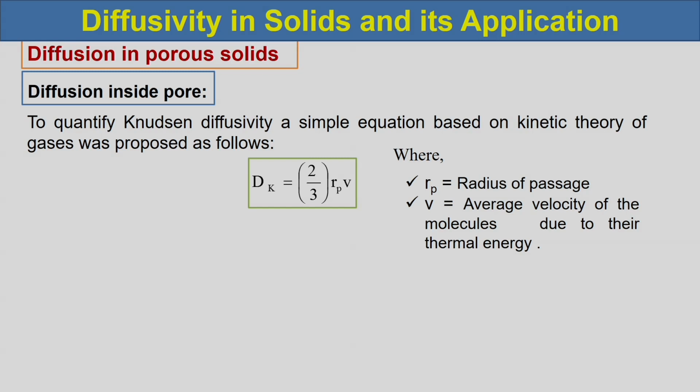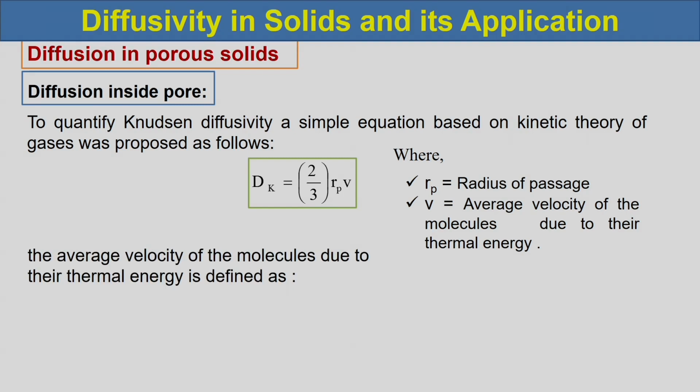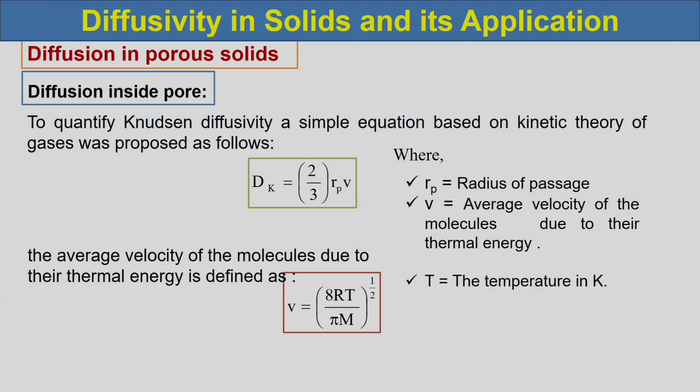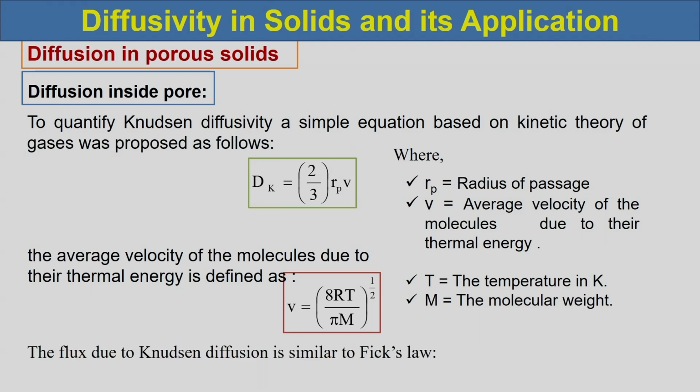Now, this average velocity can be calculated as follows. V is equal to (8RT/πM)^(1/2), where T is the temperature in Kelvin, M is the molecular weight and R is the universal gas constant.